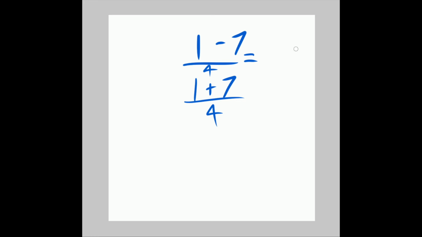When you do one of them, minus 7, you will receive negative 6 over 4, which is negative 6 over negative 4, which is 1.5. Now when you solve accordingly for the other, you will receive negative 2.